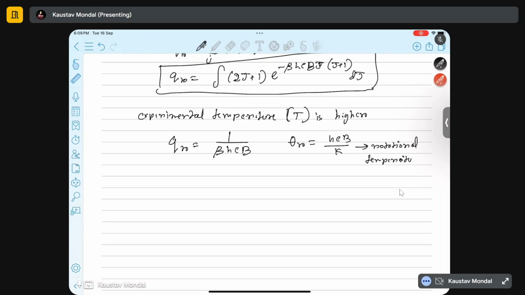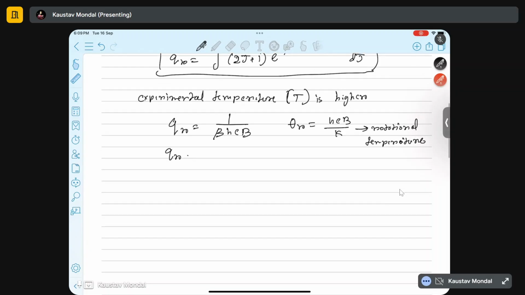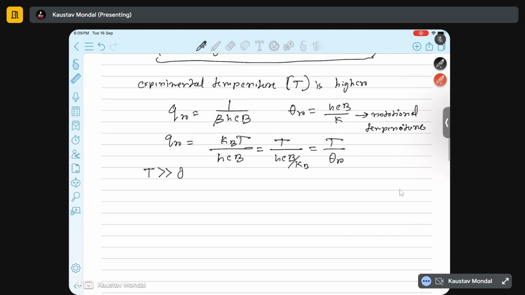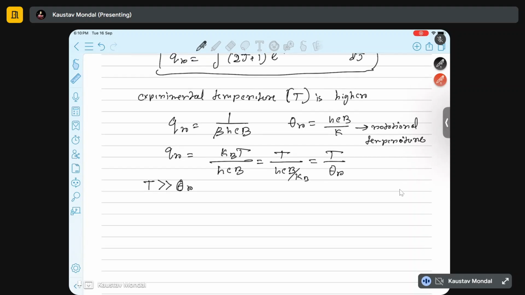Here QR is simply, beta is 1 by kBT, so it will become T by hcB by kB, so T by theta r. This is the expression of the rotational partition function QR. And this is only valid when the temperature is much higher than the rotational temperature theta r.